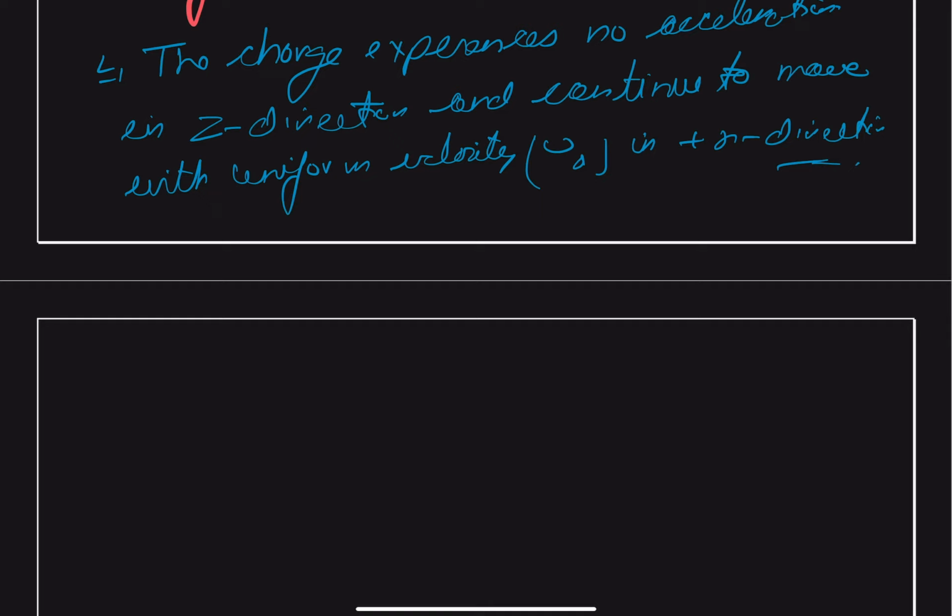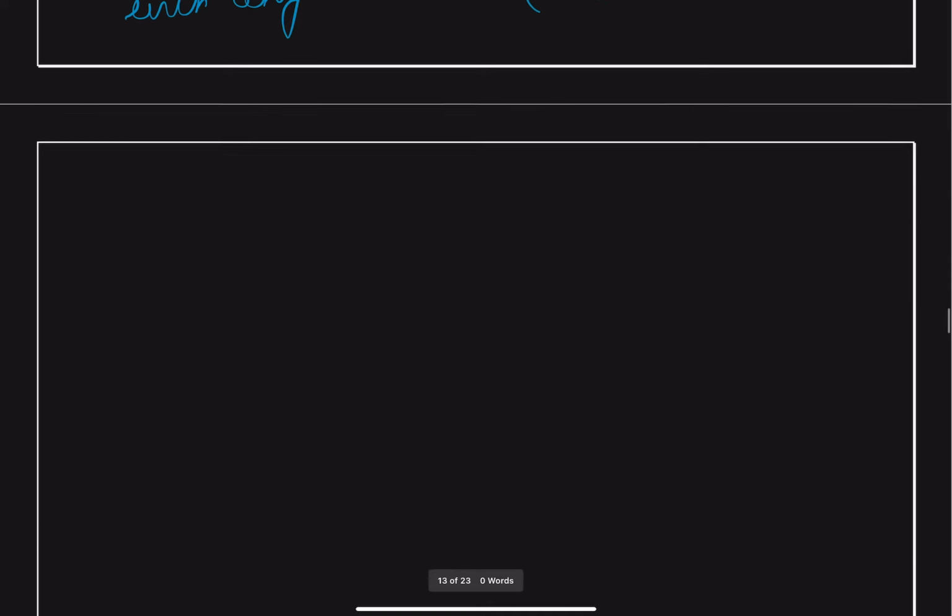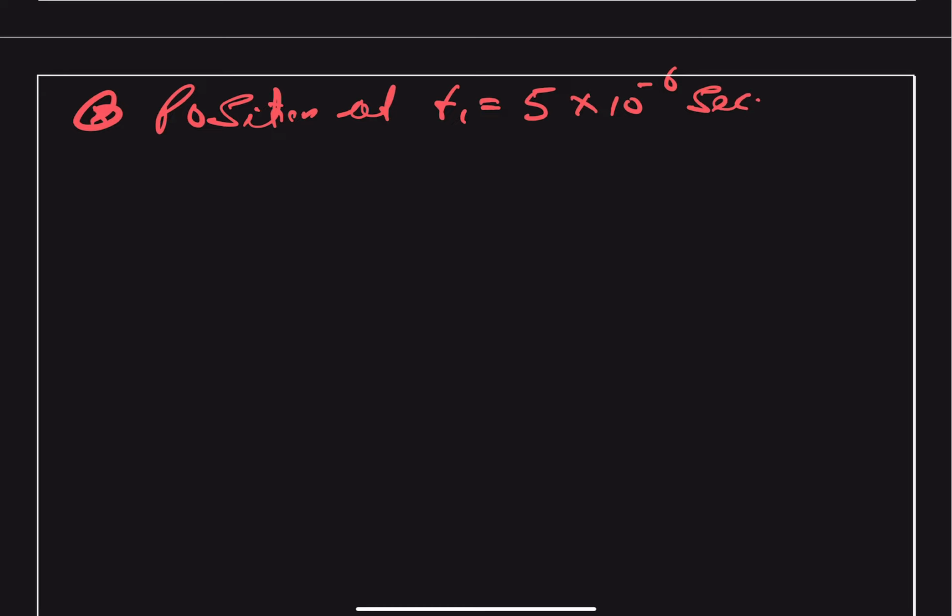Now let's find out what will be its position at time t1, which is given as 5 into 10 to the power minus 6 seconds. As there is no acceleration, we can use the simple displacement formula.